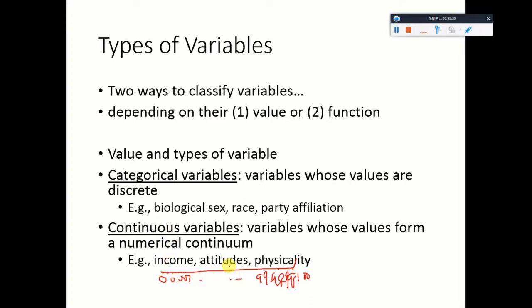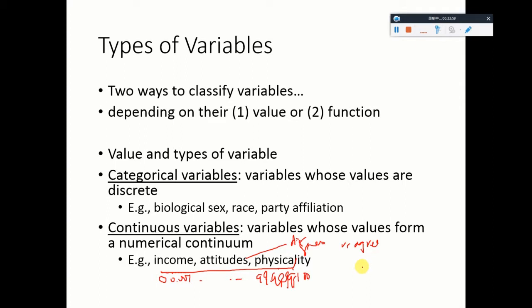Well, attitudes is an interesting case because you can easily say that attitudes actually are discrete variables, because you will say, well, in my conception, I think attitudes have only two values. You either disagree with an issue or you agree with an issue.